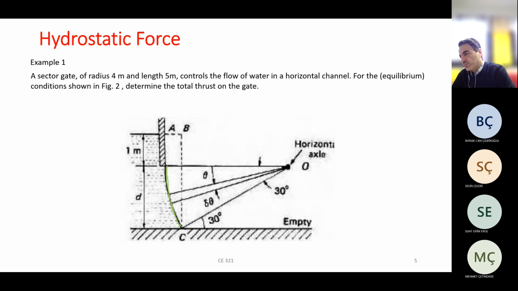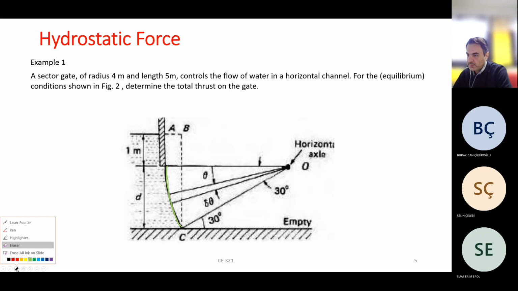So as I told, this is a curved surface, and to find a resultant force, assume this is, for example, my resultant force, Fr.